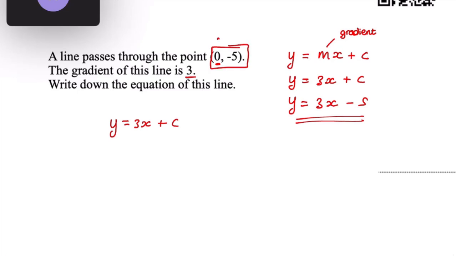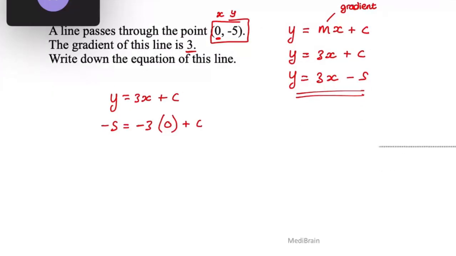We know that 0 is x and y is -5. So we're just going to substitute in x equals 0 and y equals -5 into the equation. So y is -5, x is 0, and then we need to work out c. 3 times 0 is 0, and then we have -5, and then we have plus c.